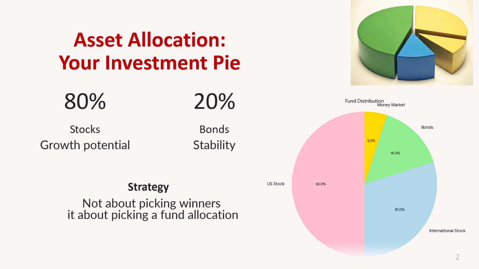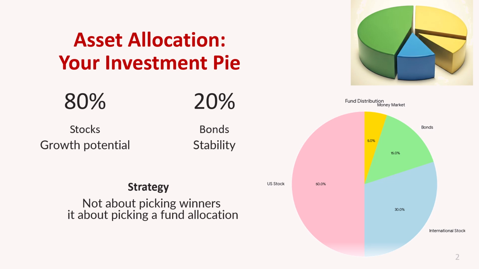For example, the pie chart on the slide shows 50% US stocks, 30% international stocks, 15% bonds, and 5% money market.